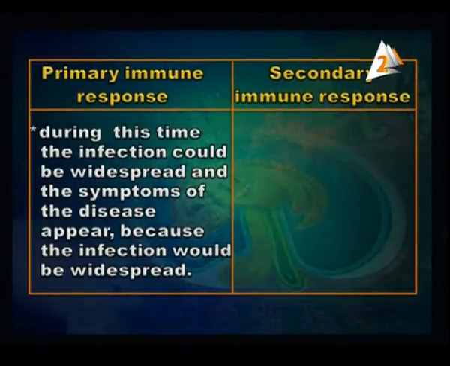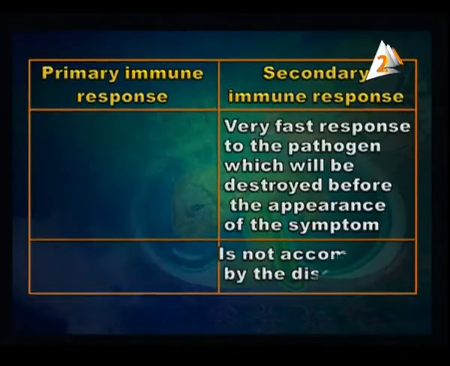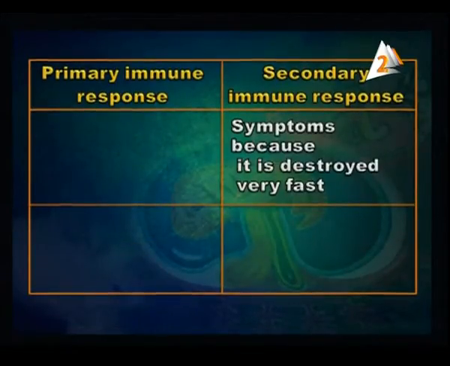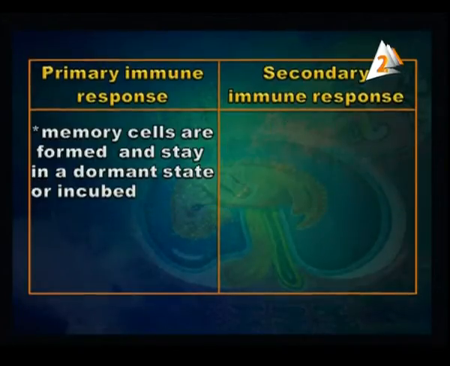During this time, the incubation period, or the 5 to 10 days, the infection could be widespread and the symptoms of the disease appear because the infection would be widespread. But in the secondary one, it is not accompanied by the disease symptoms because it is destroyed very fast.